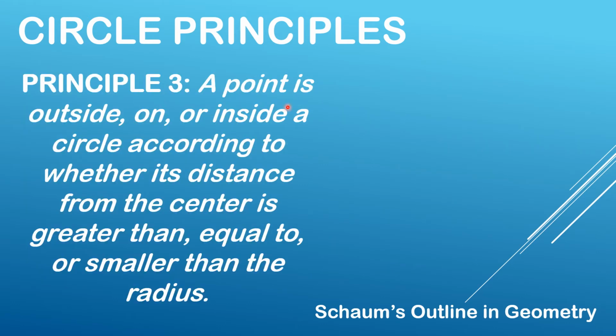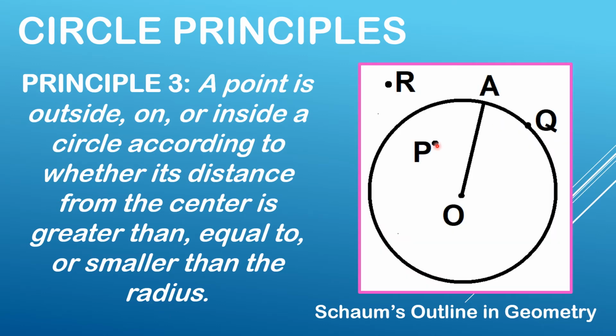Principle 3. A point is outside, on, or inside a circle according to whether its distance from the center is greater than, equal to, or smaller than the radius. So notice that point P is inside the circle. So if we connect a line from point P to O, then this line segment must be less than the radius.